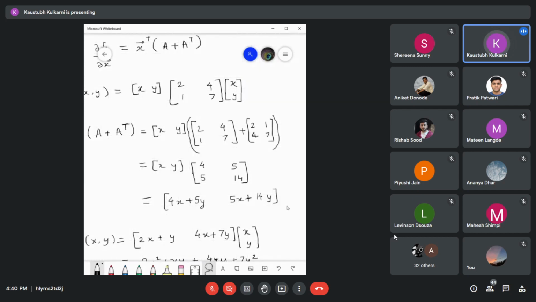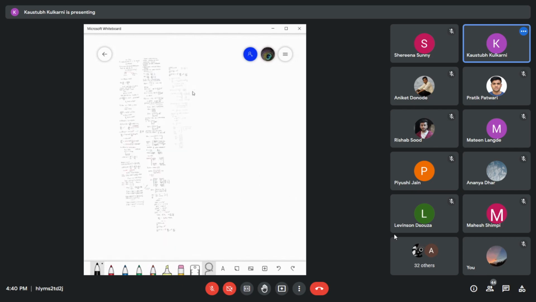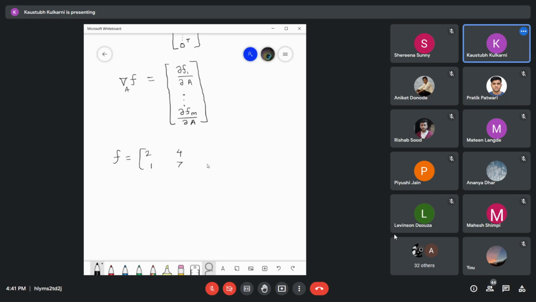Let's try to solve this one first, the same matrix. Let's take f of x, y is this system.